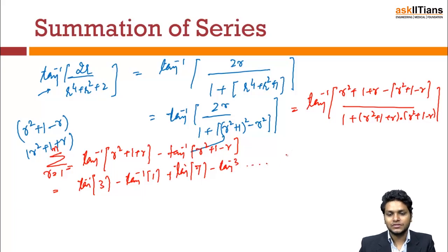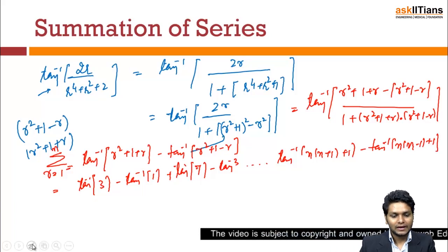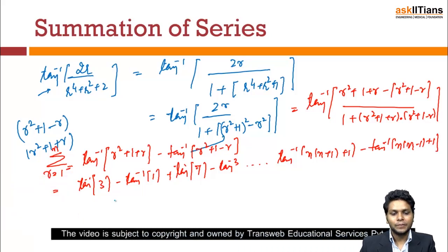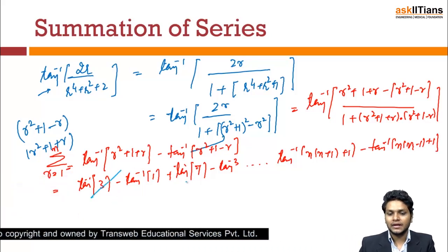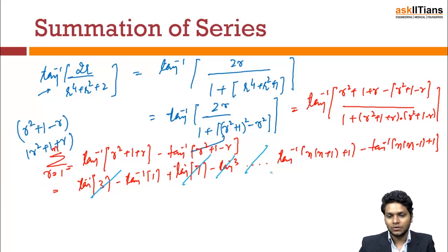And the last term which I'll get by putting r equals n: tan inverse of n into n plus 1, minus tan inverse of n into n minus 1 plus 1. So what I know is that if I cancel out pairs, the first term gets cancelled with the fourth term, this will get cancelled out, this will get cancelled out, and this also will get cancelled out.